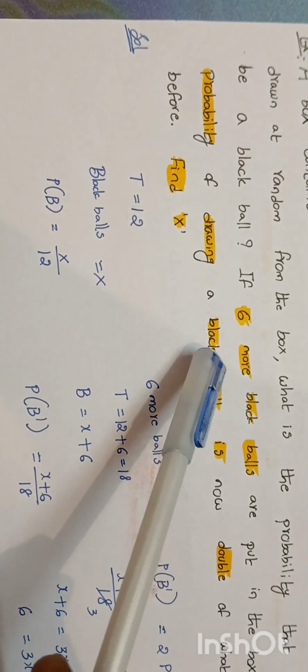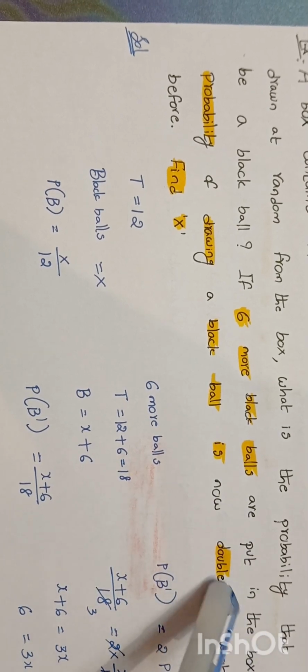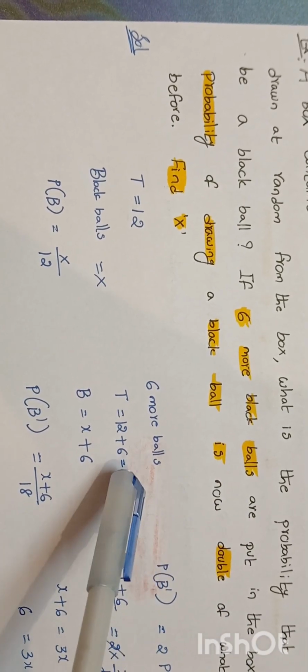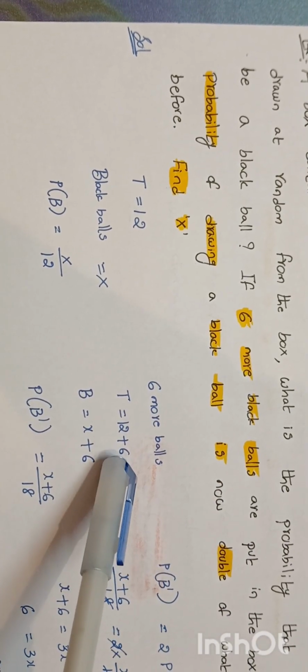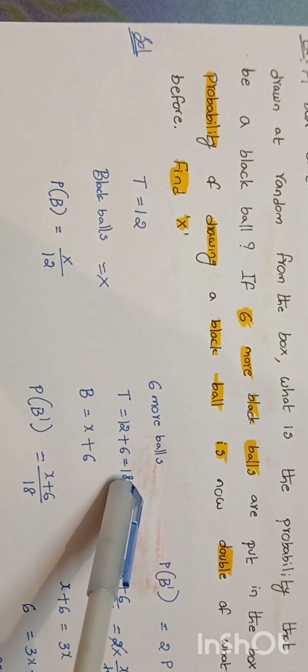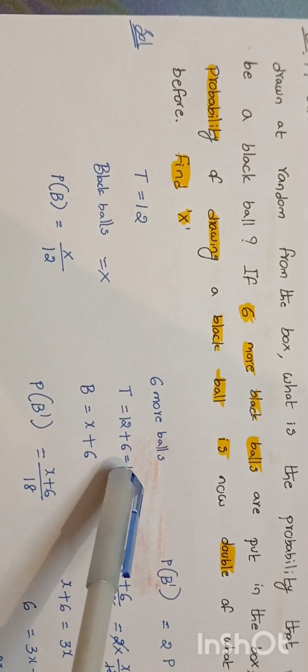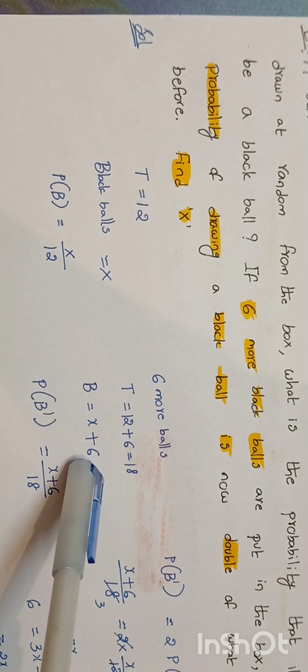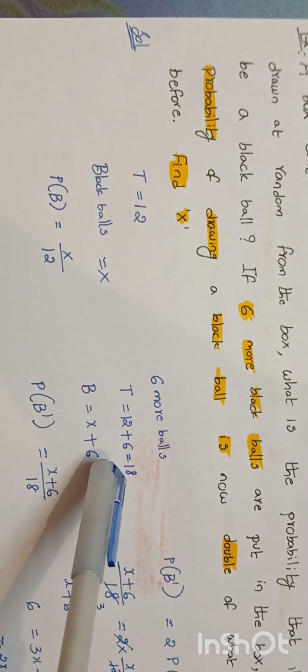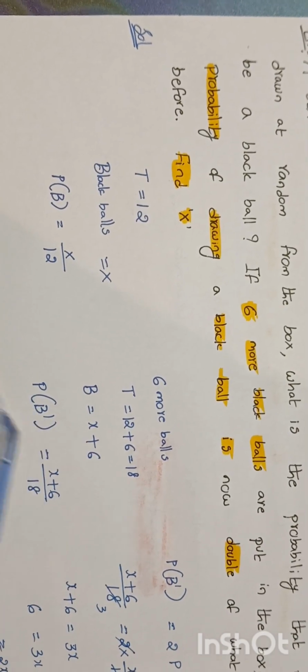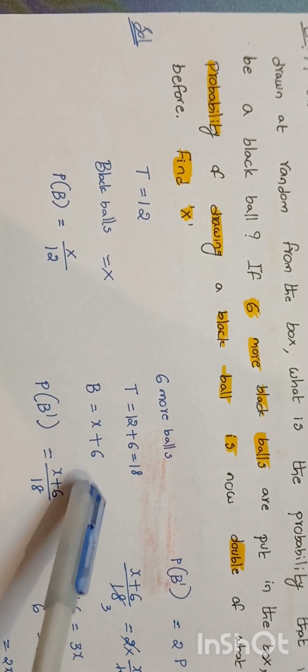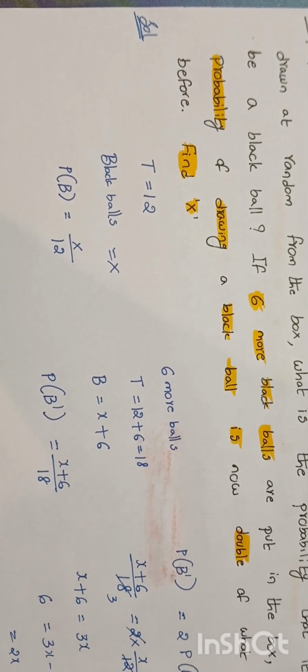The question says 6 more black balls are put in the box. The total number of balls will be 12 plus 6, which is 18, and black balls will become X plus 6. Hence the probability is X plus 6 divided by 18.